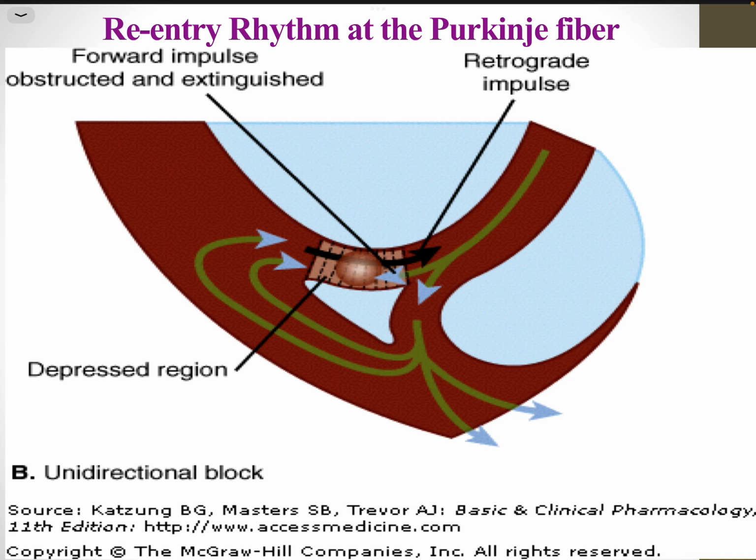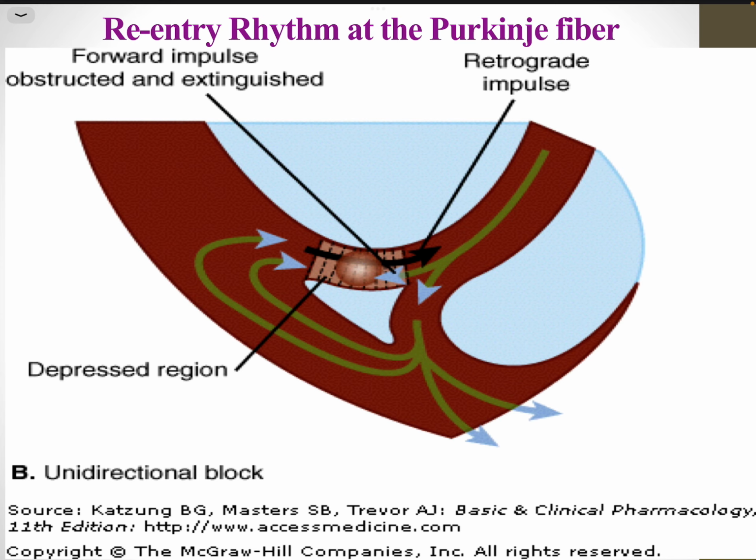So once my normal impulse has gone, it's going to be able to reach that area and restart an action potential because I have a shorter refractory period. So we're going to initiate another action potential in the same area. It's going to go over and over and over, causing a circuit of events in that particular area. This is a very simple explanation of what re-entry rhythm means.